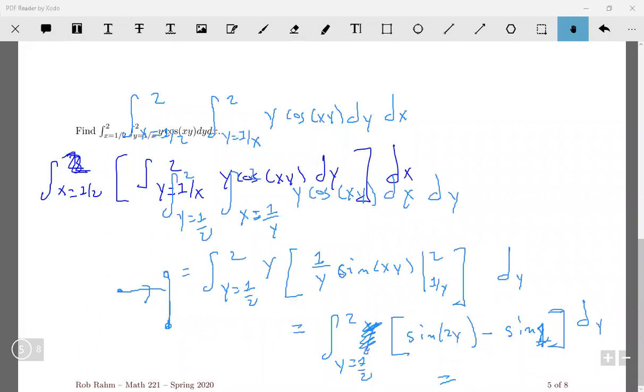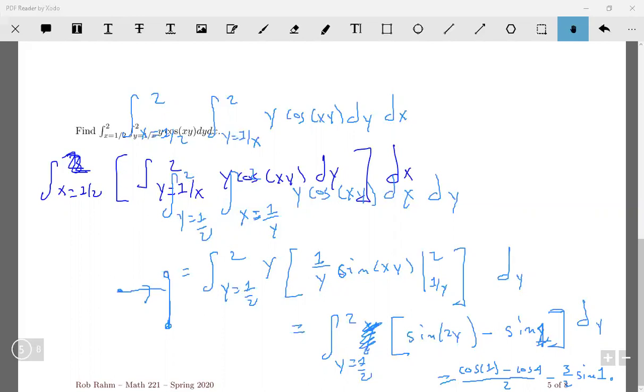So then this is going to be cosine of 1 minus cosine of 4 over 2. Now sine of 1 is a constant, so this is going to be minus 2 minus 1/2, which is 3/2 sine of 1. And there's really nothing more you can do with this answer.